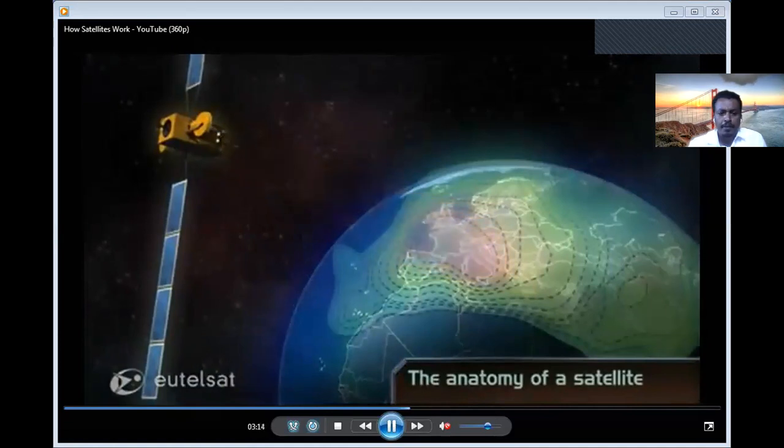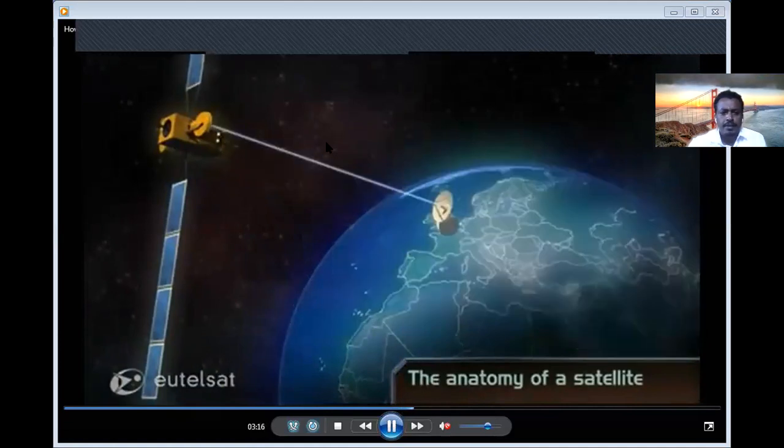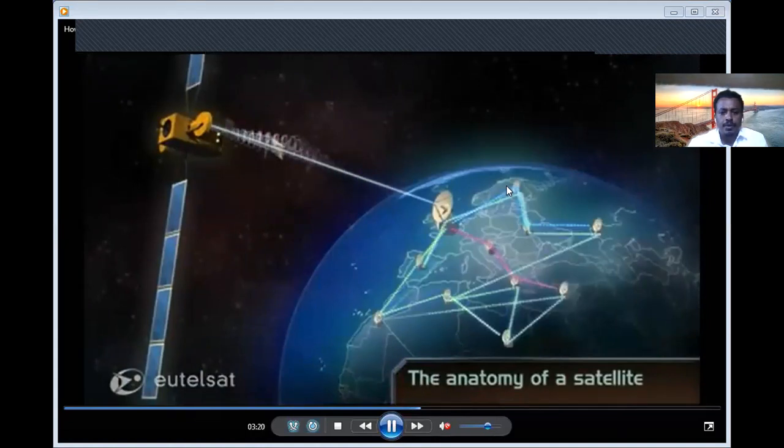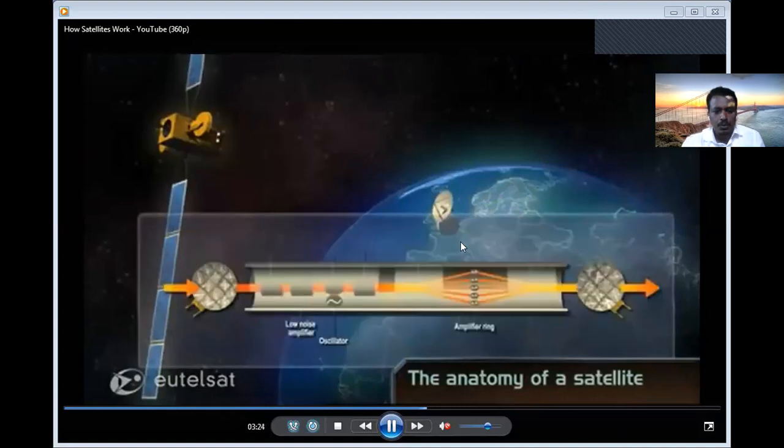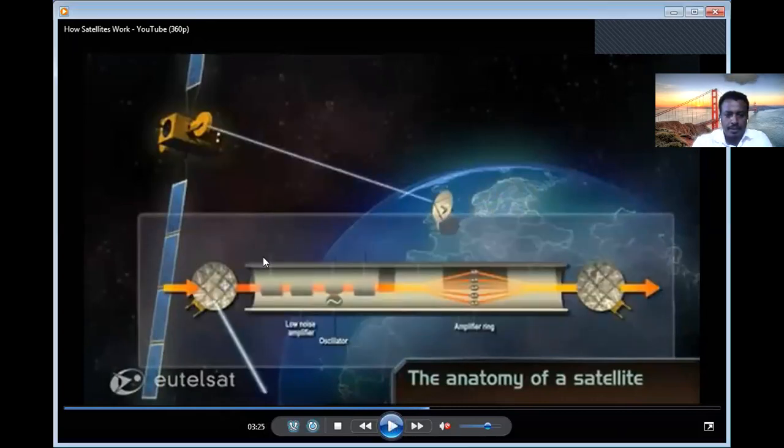So look here. This part is our transponder, one transponder. Where do you find this transponder? In the space segment. This is the antenna, which is not part of the transponder. This is the transponder. As you can see inside, there are different devices. What is the first device we have discussed?